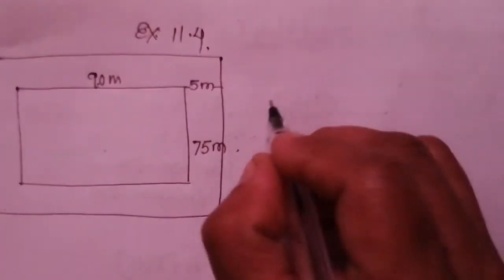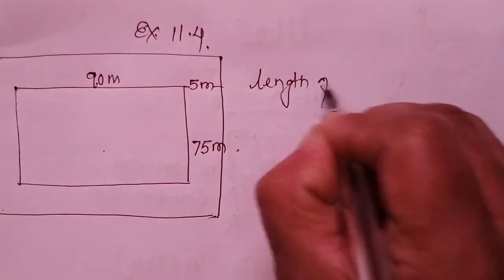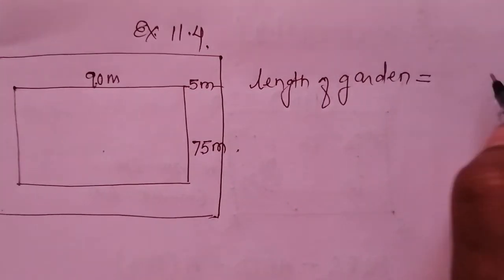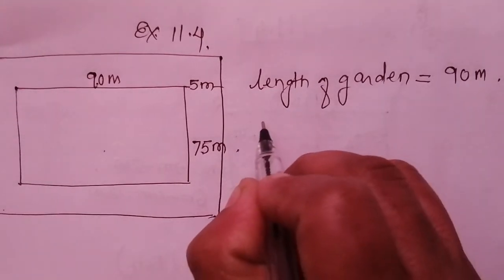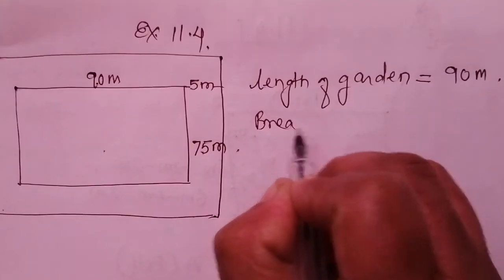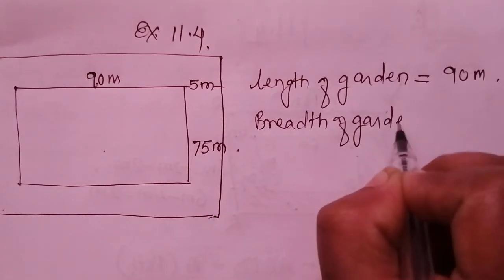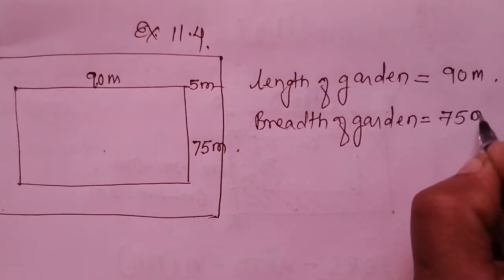The length of the garden is given, equal to 90 meter, and the breadth of the garden is equal to 75 meter.